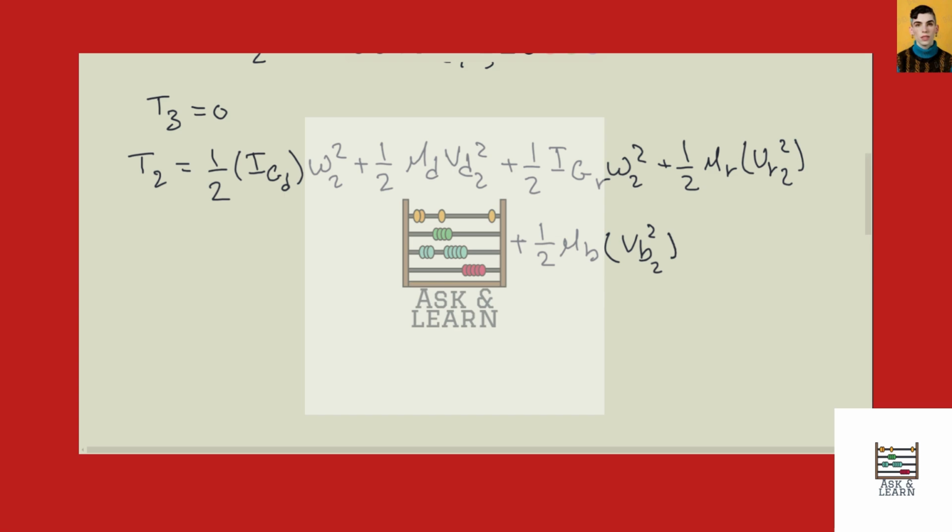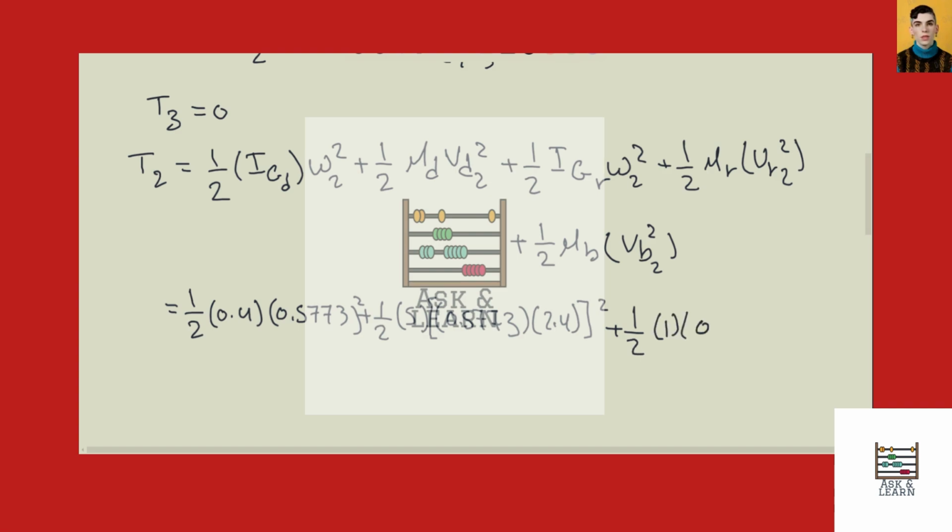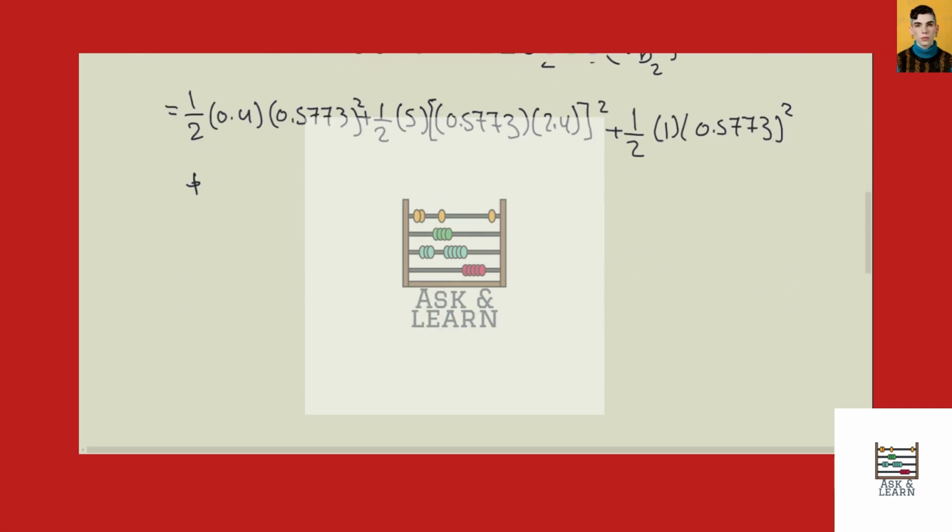If we substitute, we will have half multiplied by 0.4 multiplied by 0.5773 all to the power 2, plus half multiplied by 5 multiplied by 0.5773 multiplied by 2.4 all to the power 2, plus half multiplied by 1 multiplied by 0.5773 to the power 2, plus half multiplied by 3 multiplied by 0.5773 to the power 2, plus half multiplied by 0.01 multiplied by 0.5773 square root 5.92 squared.